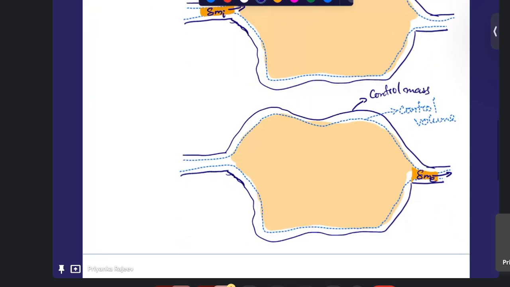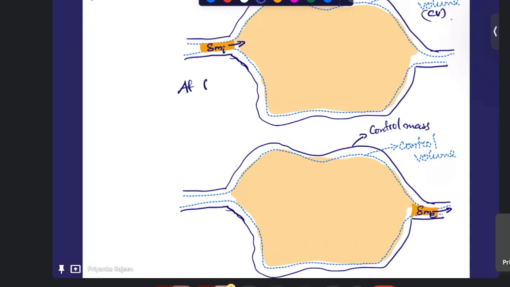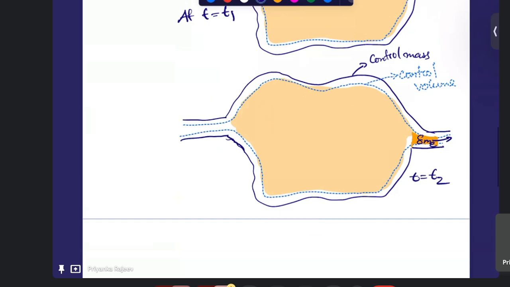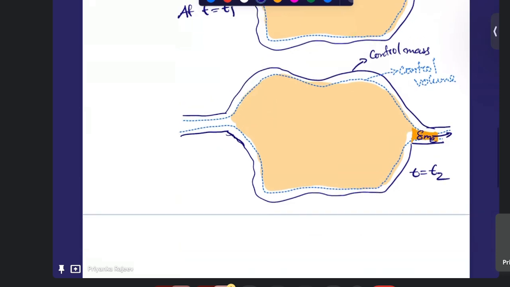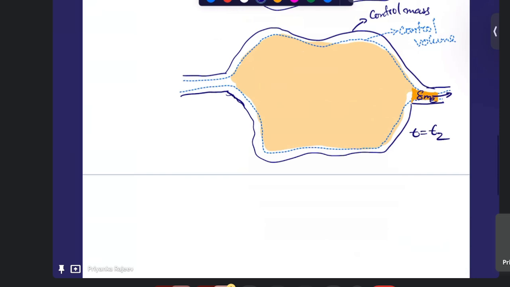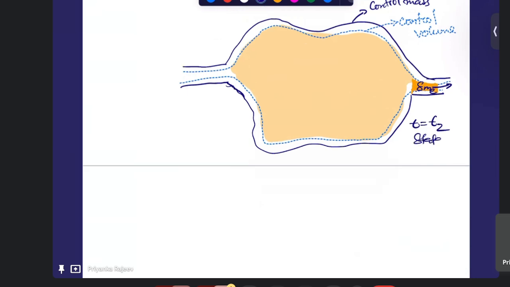This is at t equal to t1. This element is entering, and at t equal to t2 the element is exiting. Now let me tell you that this is state 1 and this is state 2.